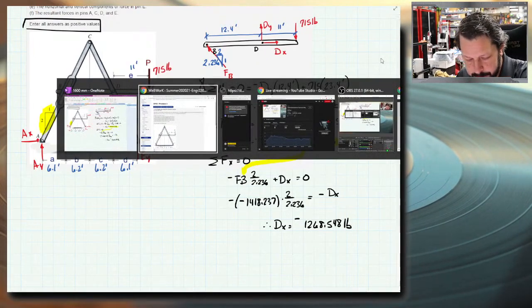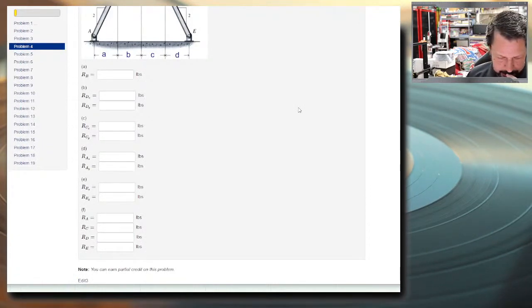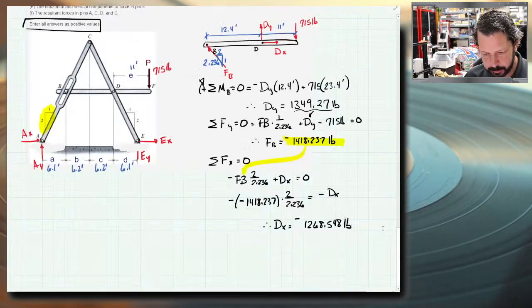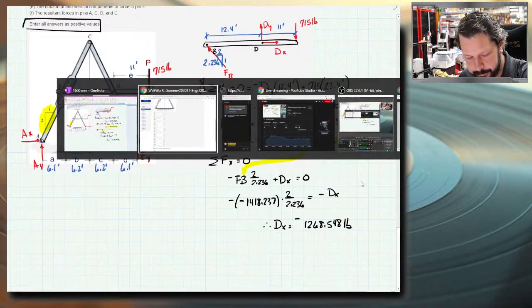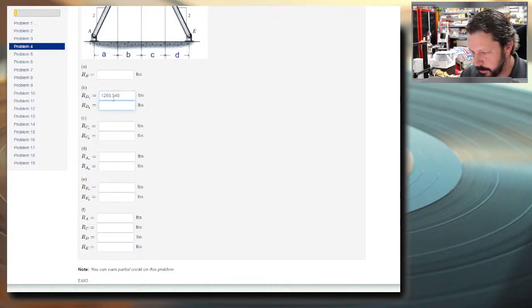Let's see if we can check on any of these if they're right. How do they want these put in here? So dx was 1268.548. dy I've forgotten. dy is 1349.27.